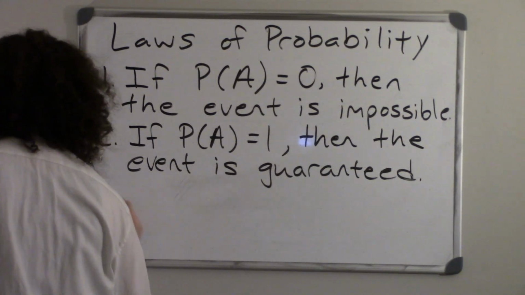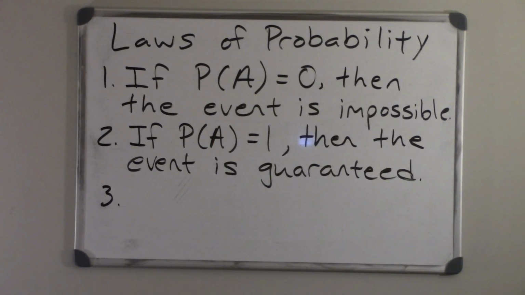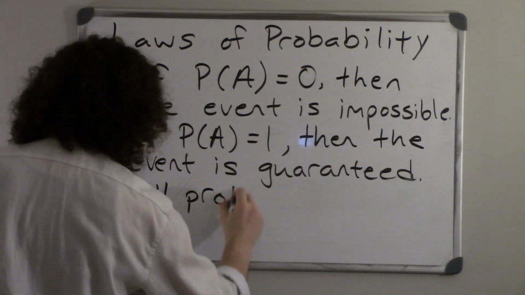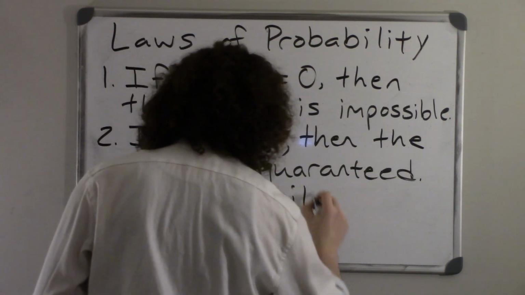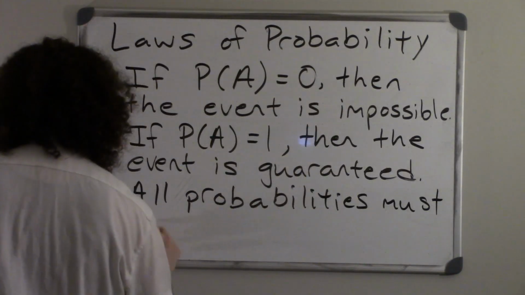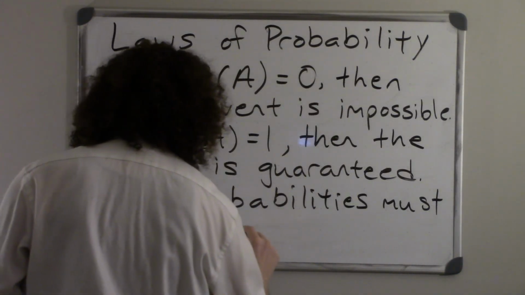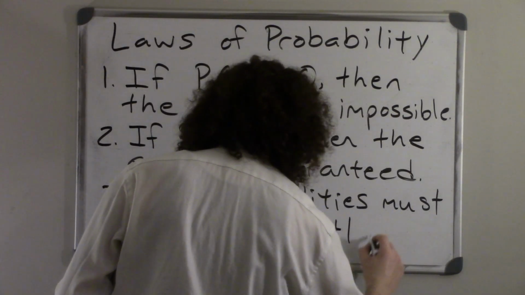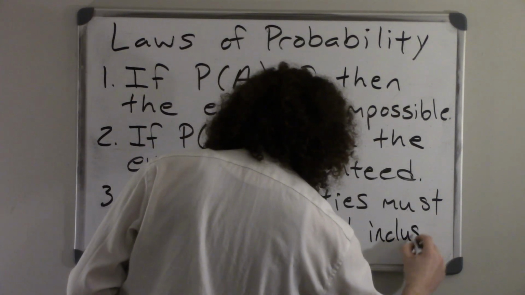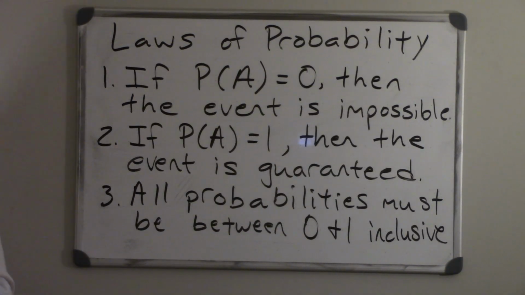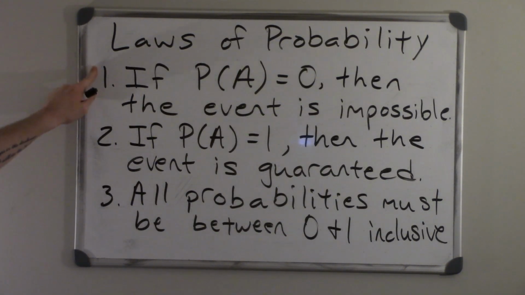All right, so the third one puts these two together. All right, so all probabilities must be between 0 and 1 inclusive. All this is saying is, again, just combining the first and second law of probability.